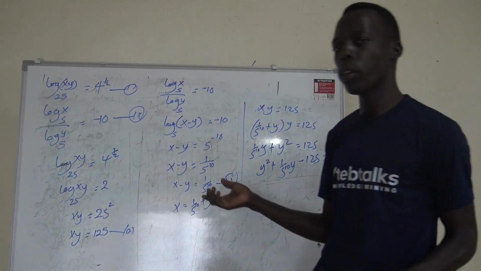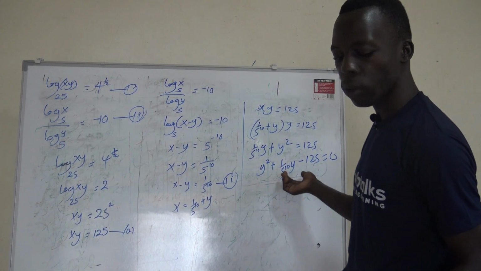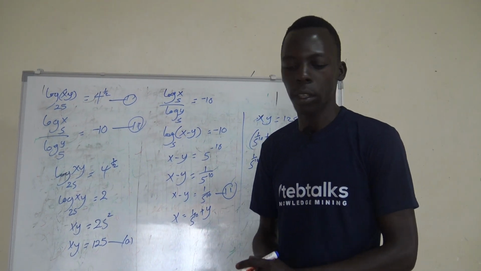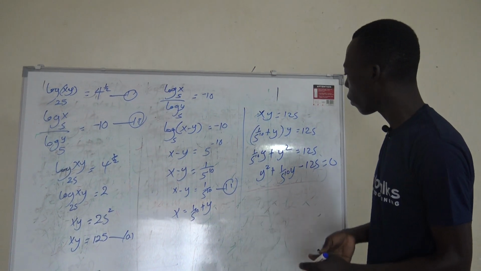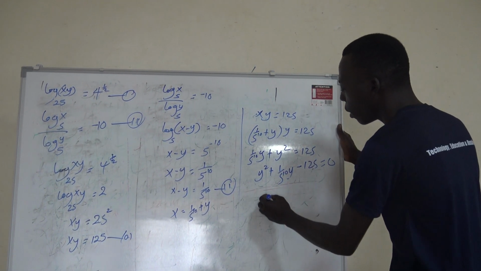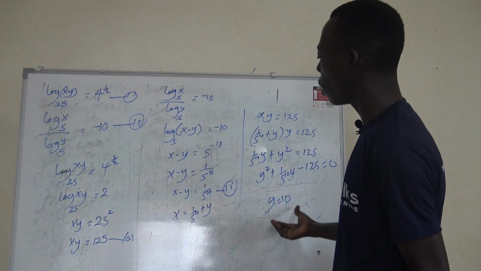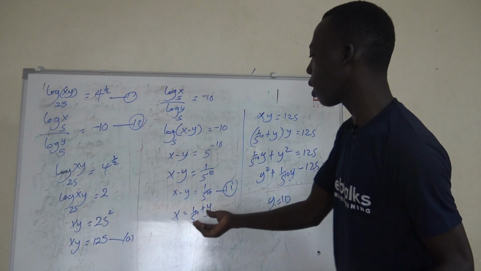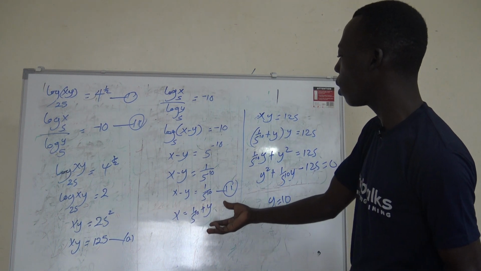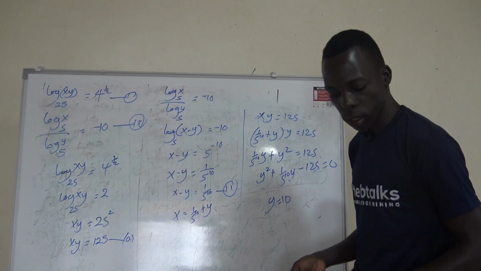That is the equation which we get. You can solve it and get the values of x and y. After getting y, substitute it in this equation and get x. From there, after substituting, you have the values of x and y which they wanted us to get.